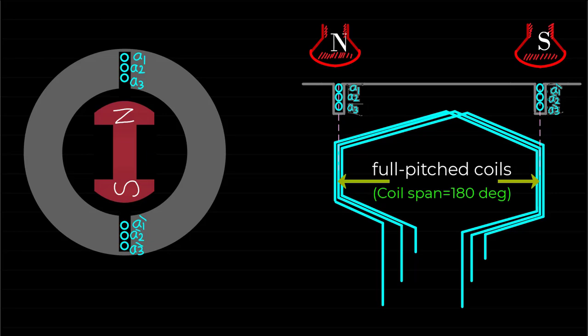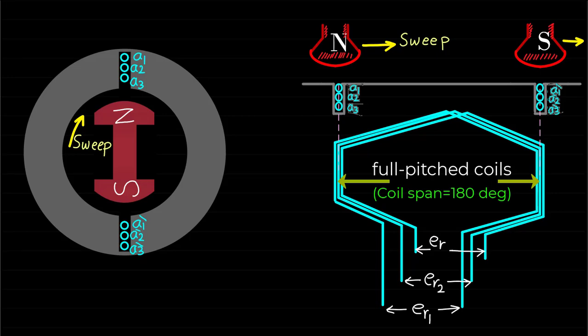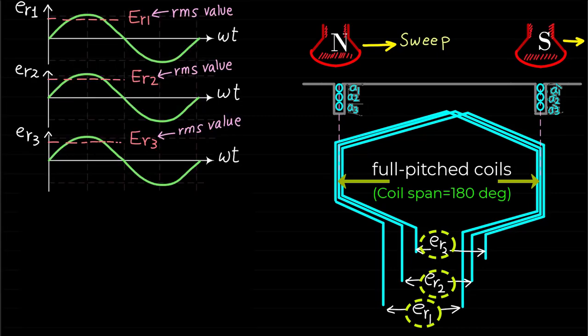Now, as mentioned before, if the rotor sweeps across these 3 stator coils, each coil will induce a voltage at the terminal of the coil as shown. The waveforms of these voltages ER1, ER2, and ER3 can be drawn as shown.